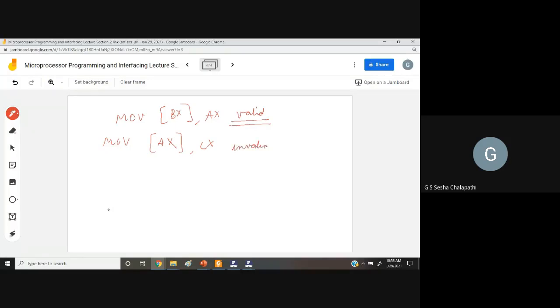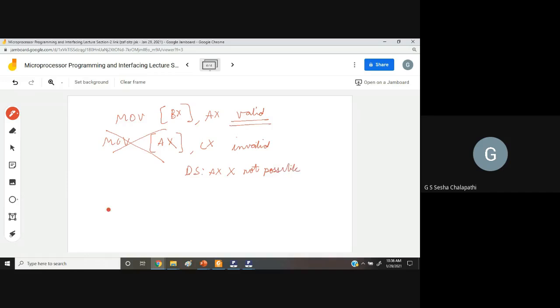It is an invalid instruction because you are using AX to provide the offset address, which is not possible. You cannot combine DS with AX.